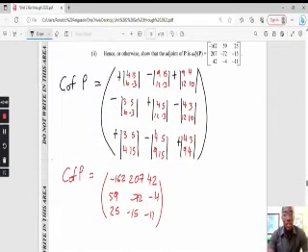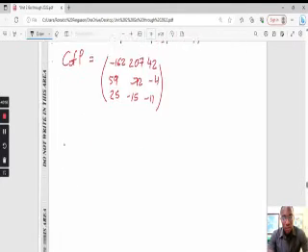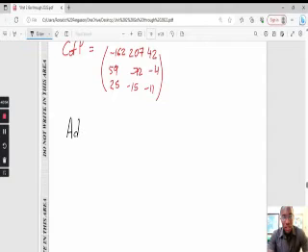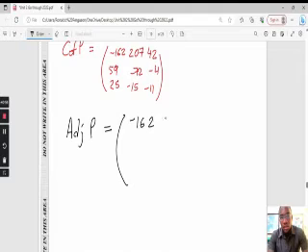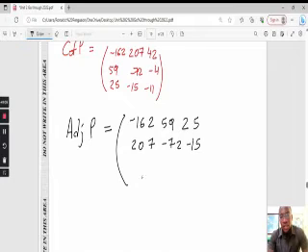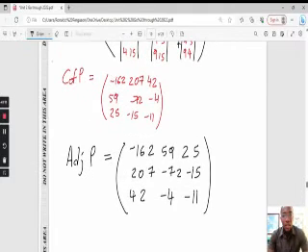So remember the adjoint, you're going to interchange the row and the column. So therefore, the adjoint of P is equal to minus 162, 59, 25, 207, negative 72, minus 15, 42, negative 4, minus 11. That's the adjoint of P.